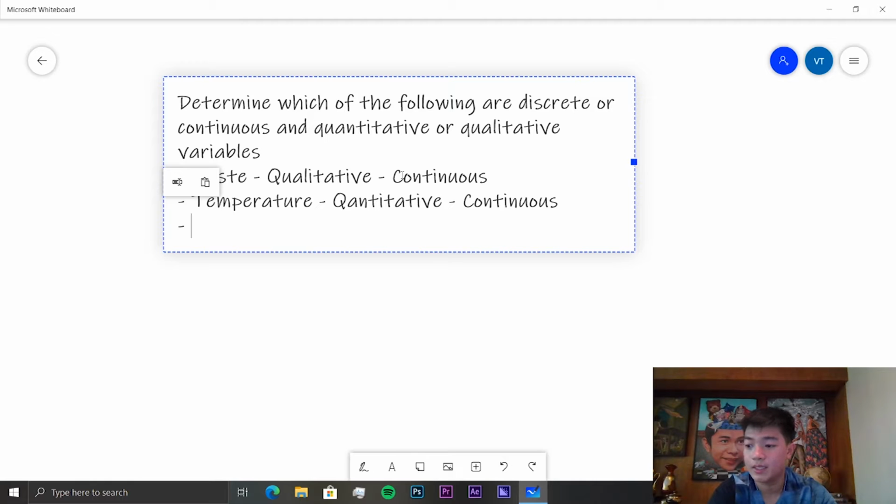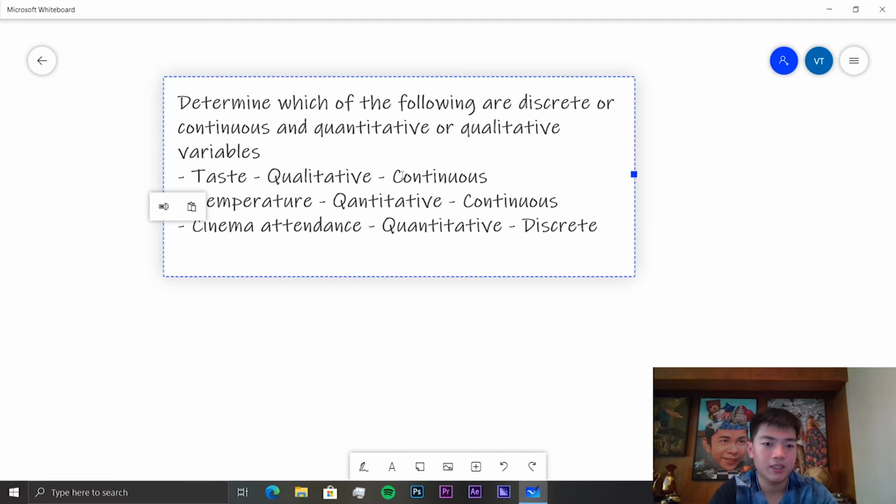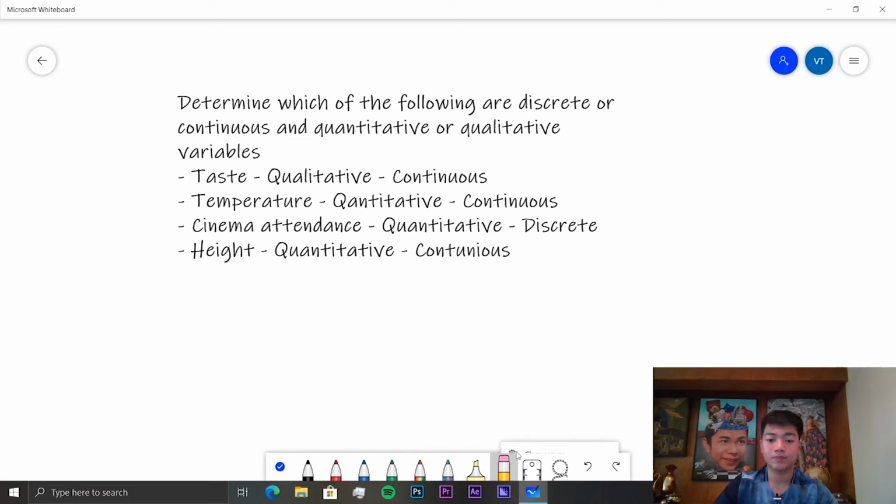Next is cinema attendance, which is quantitative and discrete, since you can only measure it to the nearest person. And finally, height. Height is quantitative, and it's also continuous, since you can measure it to an infinite amount of precision. So those are the 4.